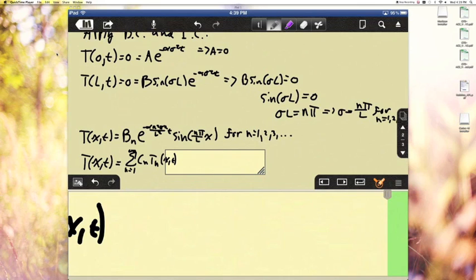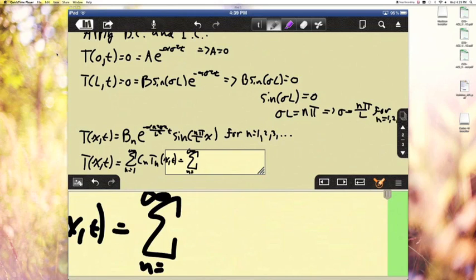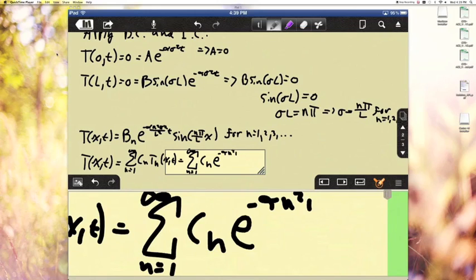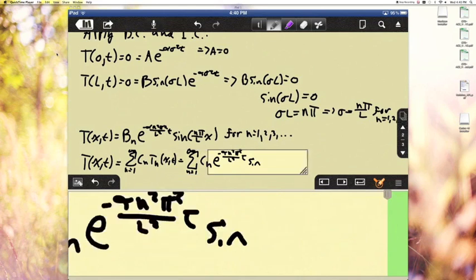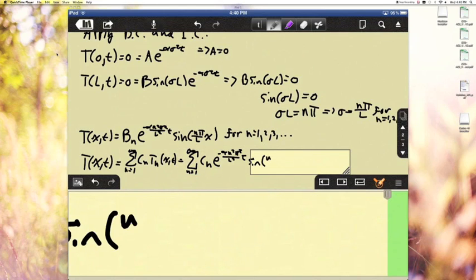So essentially all this is telling us is the infinite sum from n equal to 1 to infinity of c_n times T_n, which is the solution that we previously derived, the exponential over L squared times t, times sine n pi over L times x.